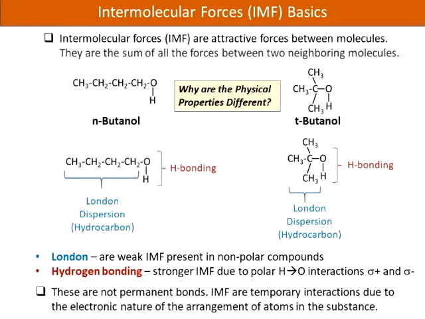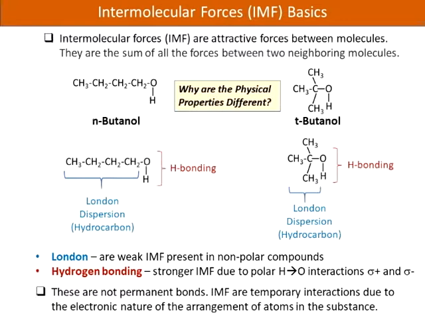In the case of T-butanol, the London and dispersion forces are also due to the hydrocarbon chain. However, the arrangement of the carbon atoms in T-butanol is different than that in N-butanol. Therefore, the London forces are different in N-butanol and T-butanol. And in fact, there are higher London forces in the normal butanol than there are in the T-butanol, which we will explain in slides to come.